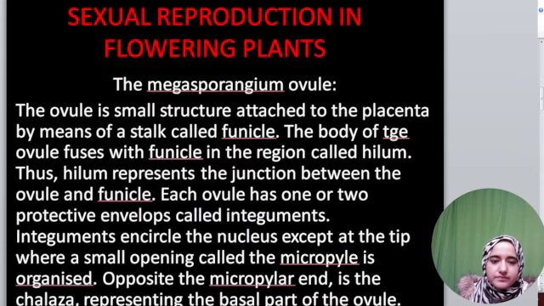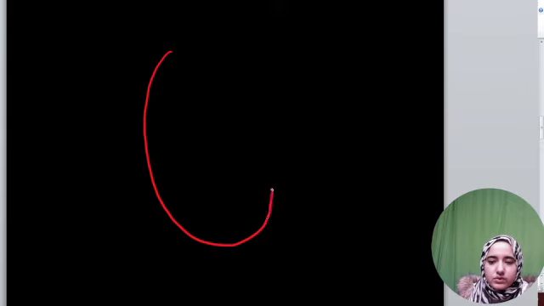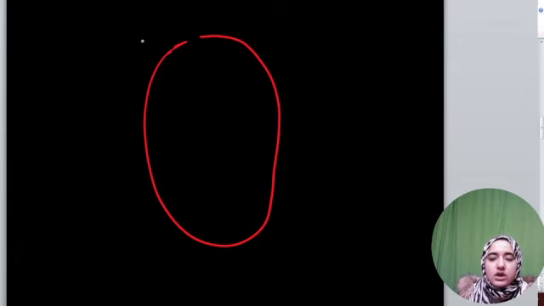Let's move forward. We will just draw this ovule now. I'll show you what is inside ovule. This is our ovule, like this. And ovule has two coverings.